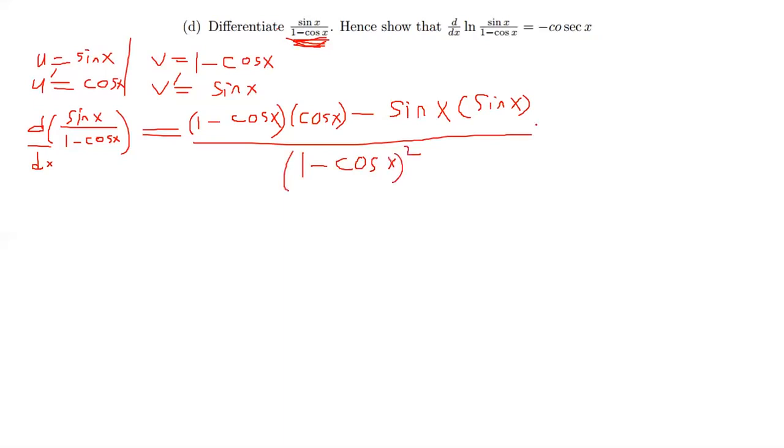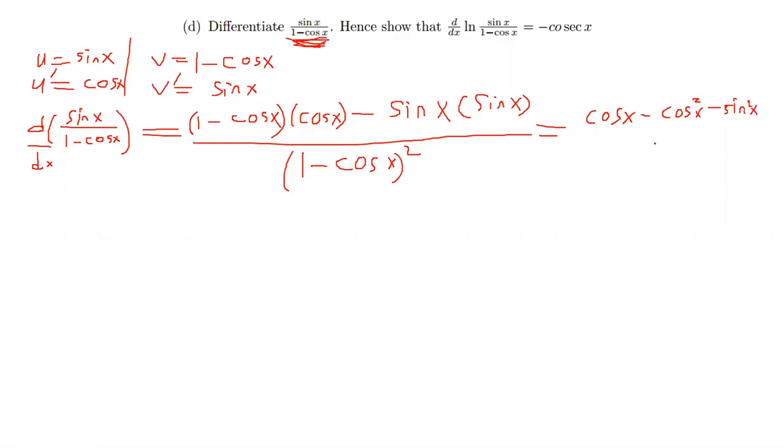So when you simplify this, this will give you cos x, then this will give you negative cos squared x, then minus sine squared x, because when you multiply sine times sine, you get sine squared x.